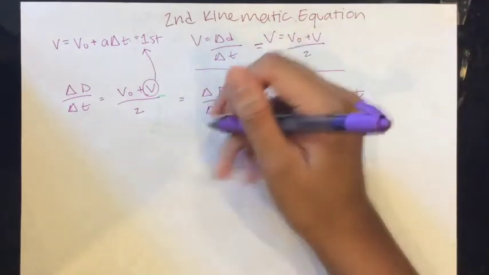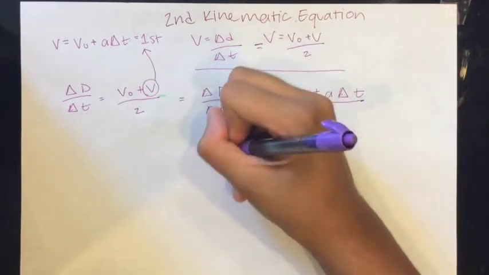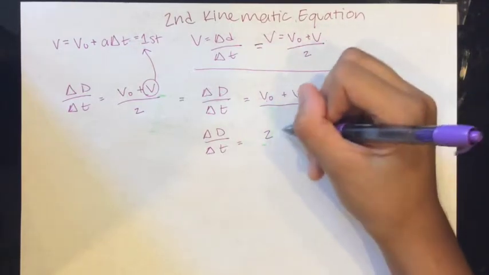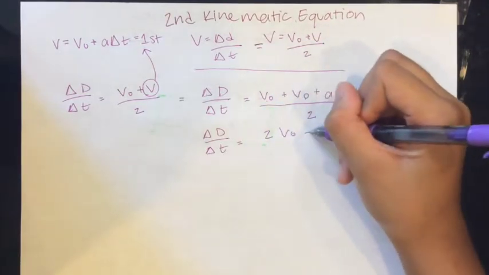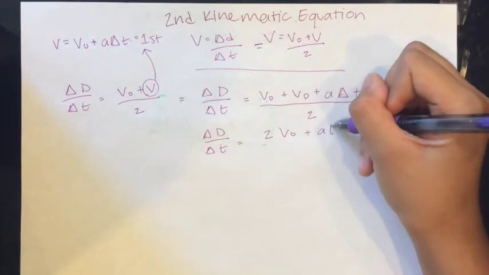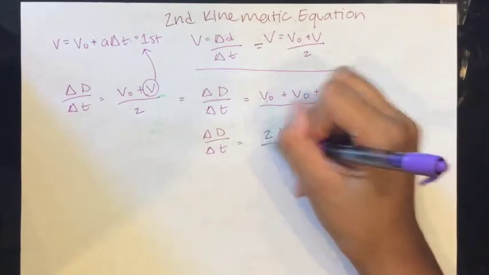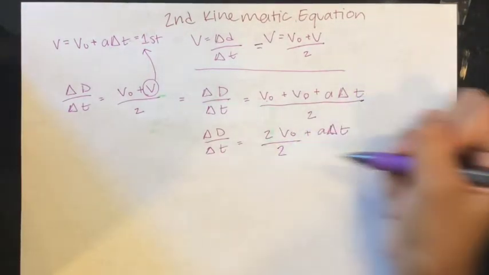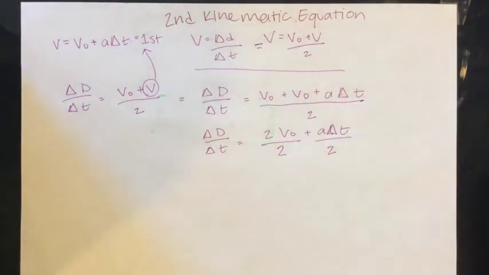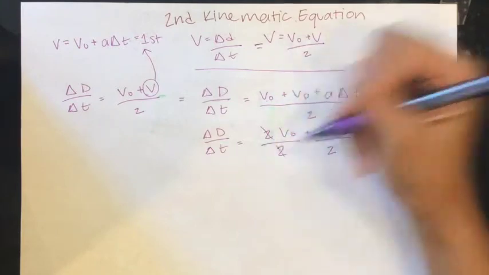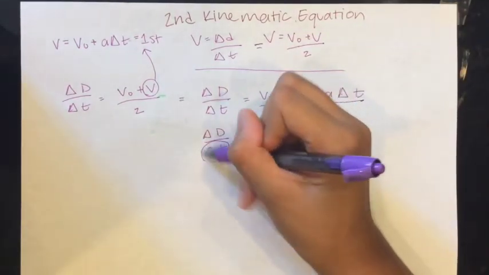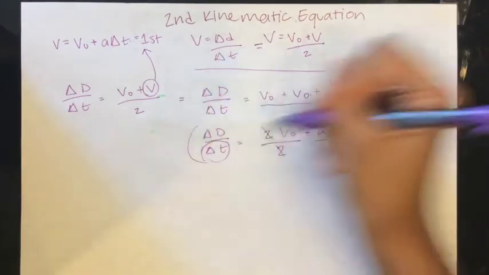So delta d over delta t equals (2 v naught plus a delta t) over 2. We can cancel these out.